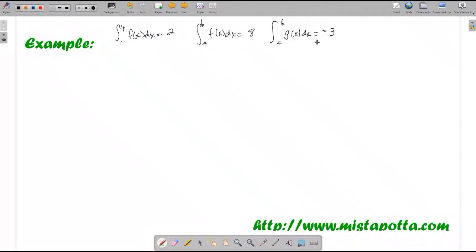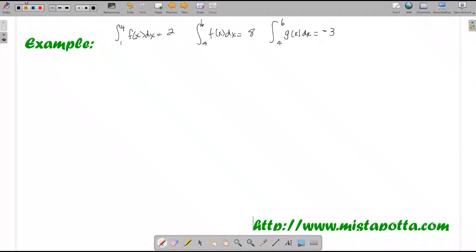And again, remember that even though the area can't be negative, this definite integral can represent a negative quantity. That's perfectly acceptable.